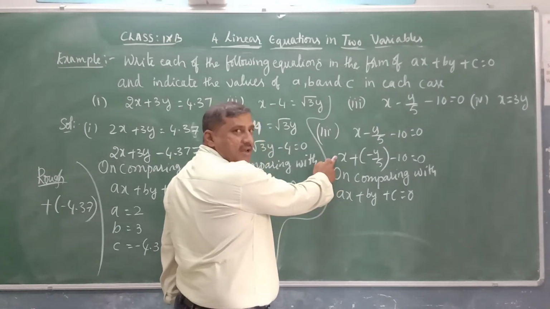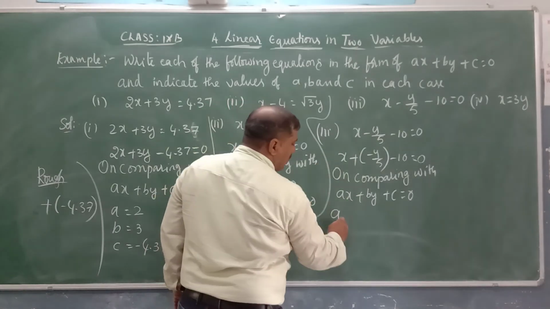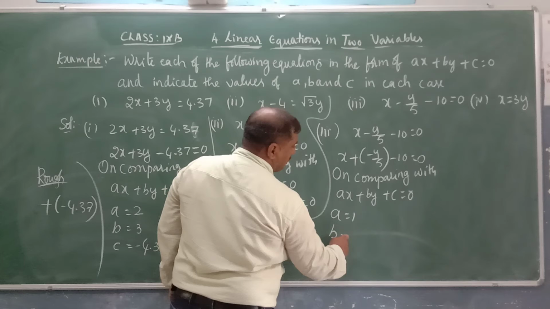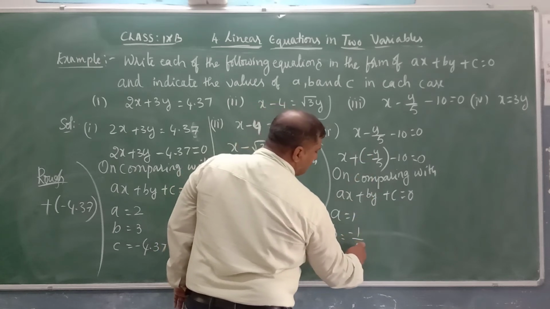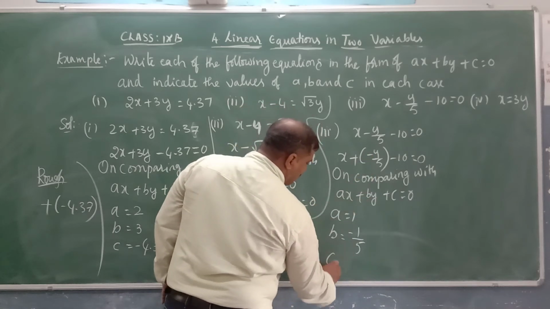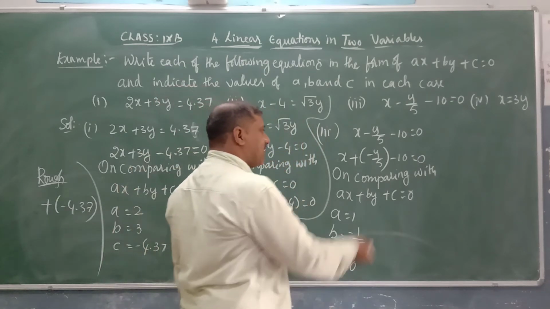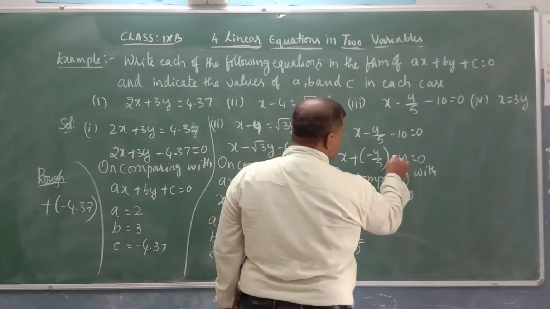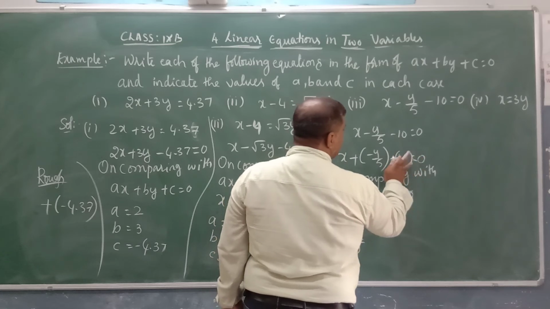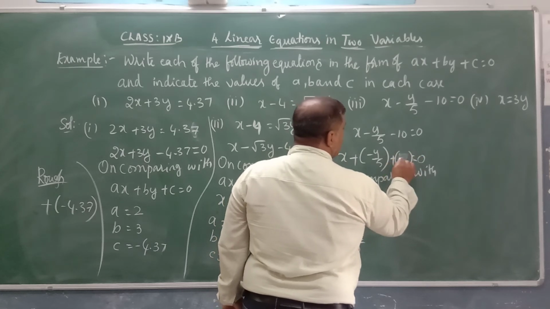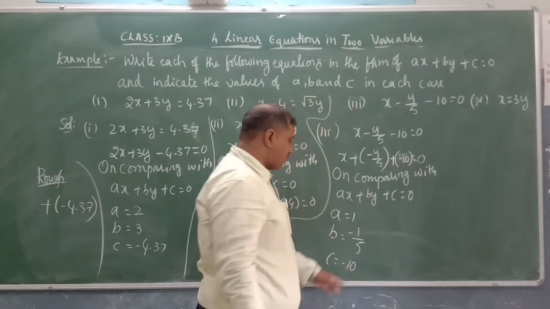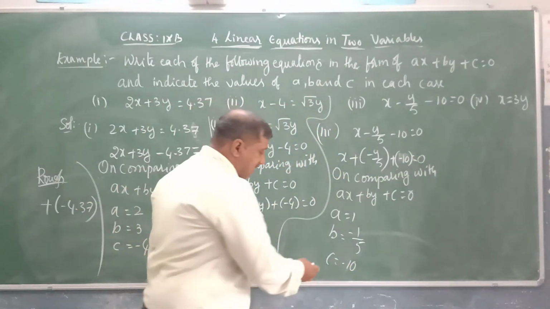Here there is no number, so a is equal to 1 and b is equal to minus 1 by 5. And c is equal to minus 10. You can also write it as plus of minus 10. Therefore c is equal to minus 10.